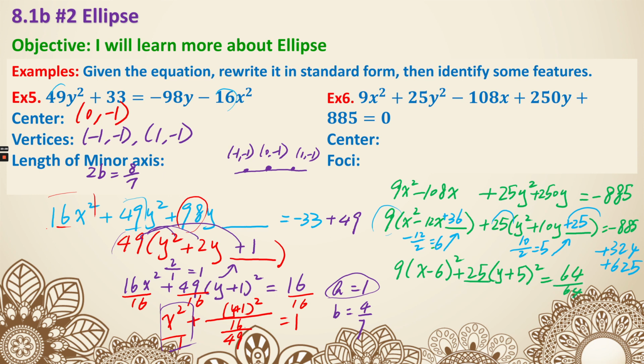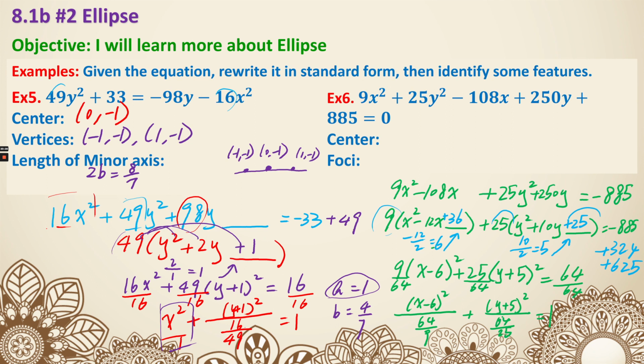This is always where things get more complicated, because these fractions will actually need to go to the bottom of a fraction, so we need to flip them. To rewrite it, x minus 6 squared all over 64 over 9 plus y plus 5 squared all over 64 over 25. That equals to 1.